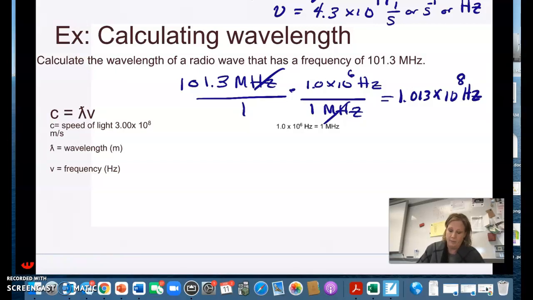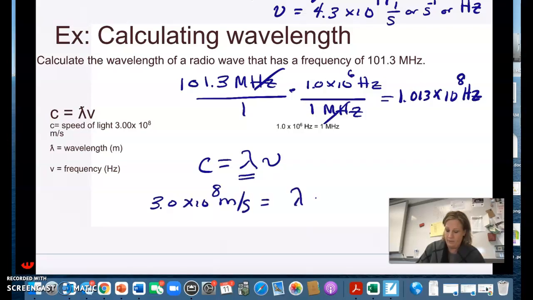So then I can use my equation. I know the speed of light, and I'm going to solve for wavelength. So I would put my speed of light in equals wavelength times the frequency.